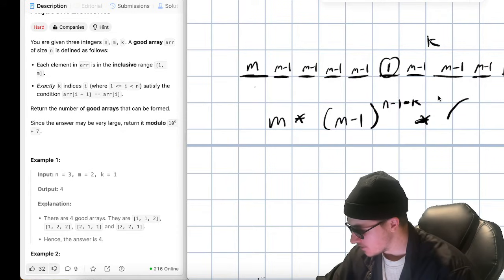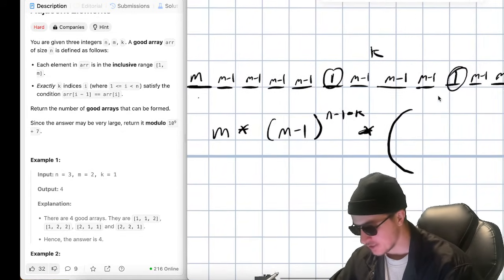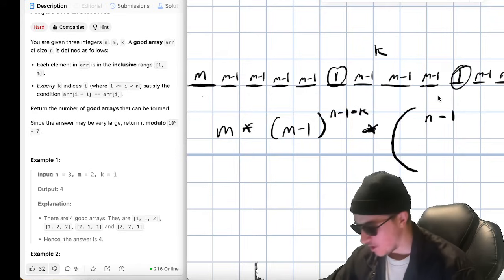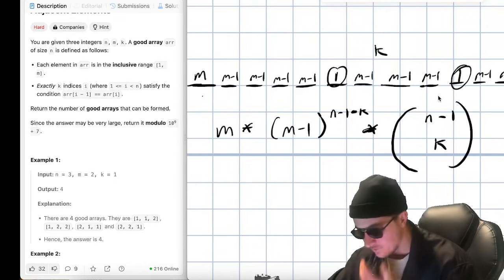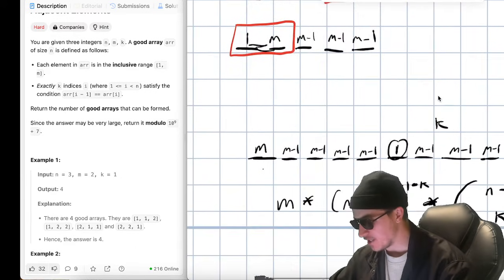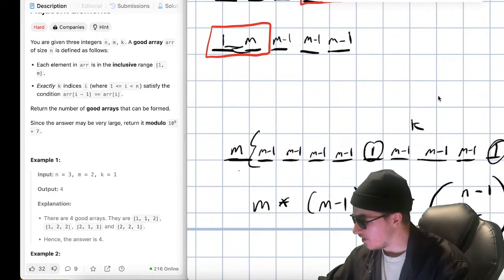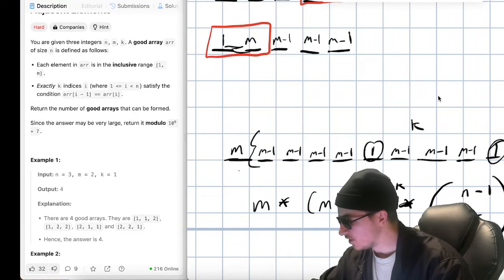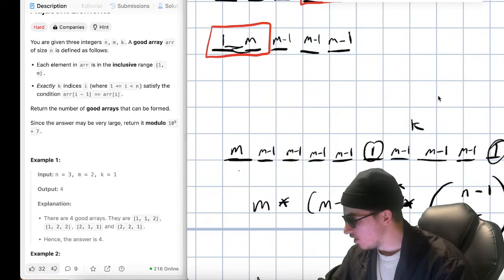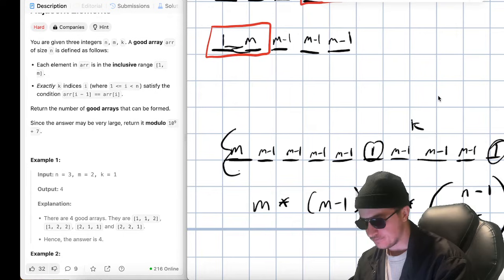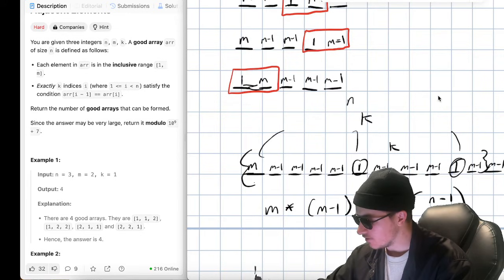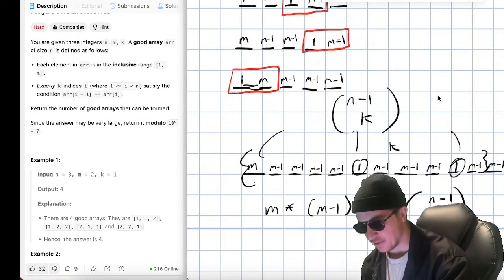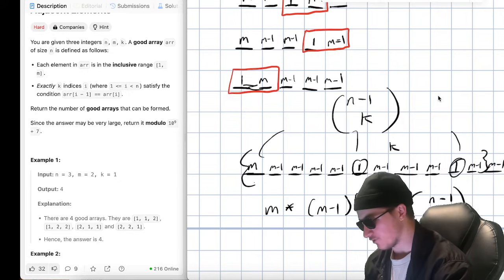Now this is choosing. I hope you're familiar with this. There are n minus 1 places where I can choose to put those k ones. Of all this area here, what are all the locations that I can put these k's? N minus 1, choose k places to put those ones.